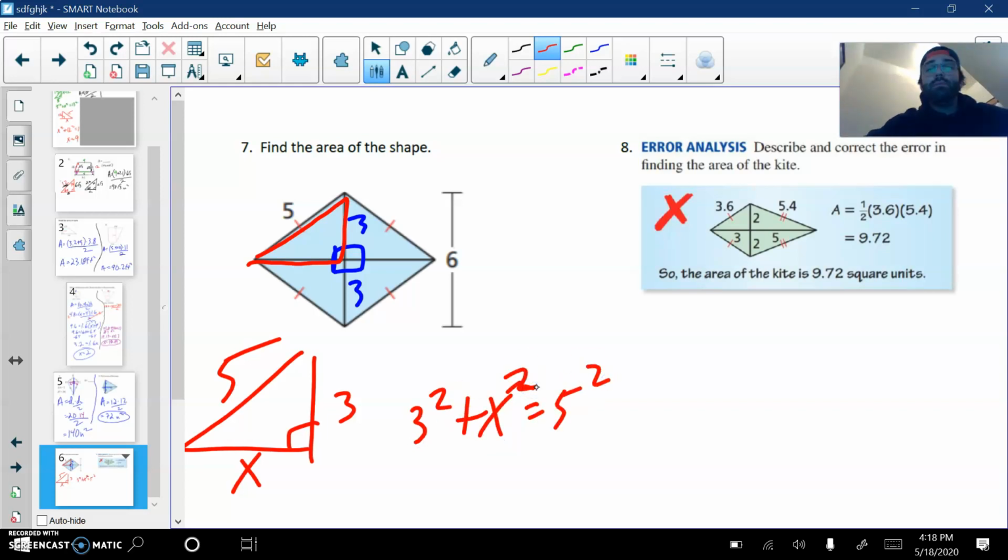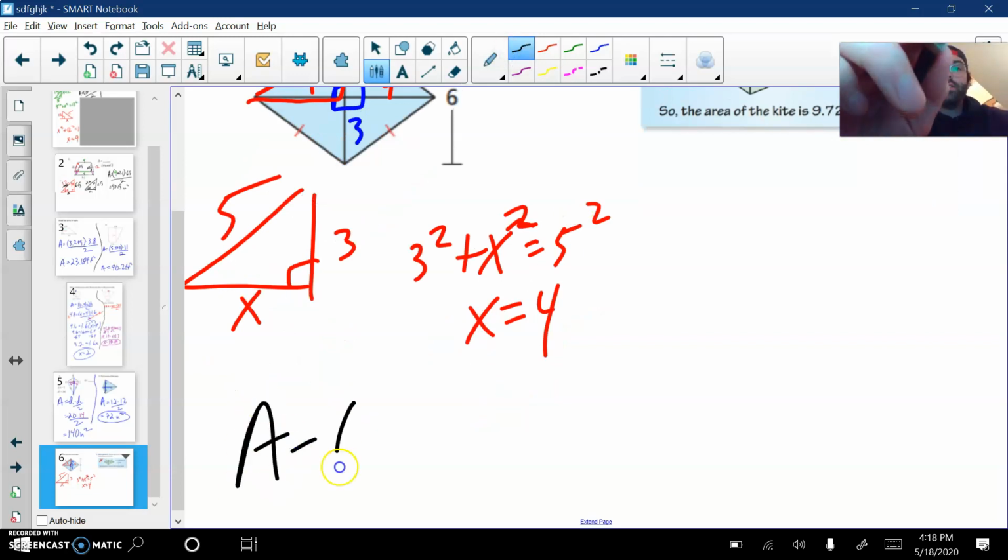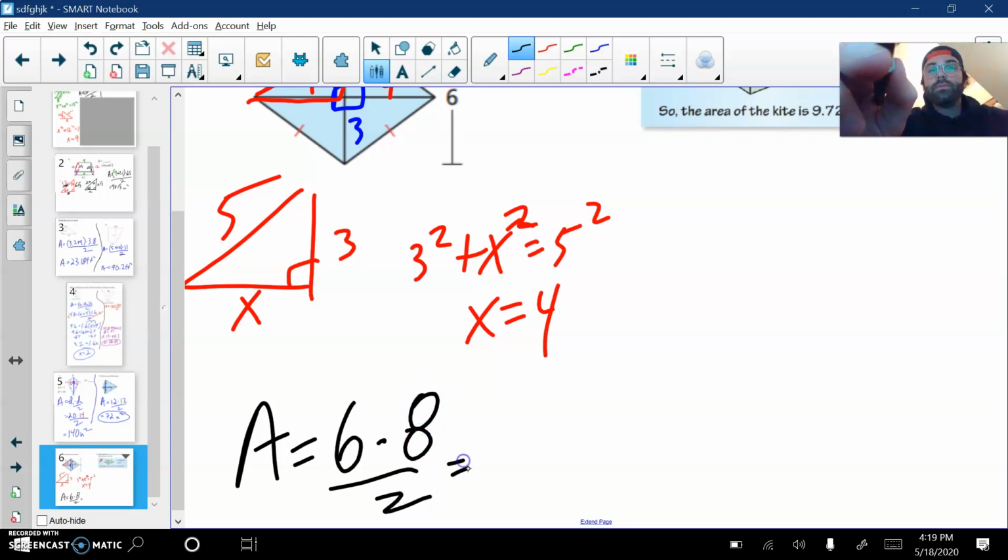That means x has to be 4. 3, 4, 5, the triple. If I have 2 of the sides, I know the remaining third side. So if that's 4, and this is 4, that's the only tricky part about this. So to find the area, I do 6 times 8 over 2, which gives me 24 units squared.